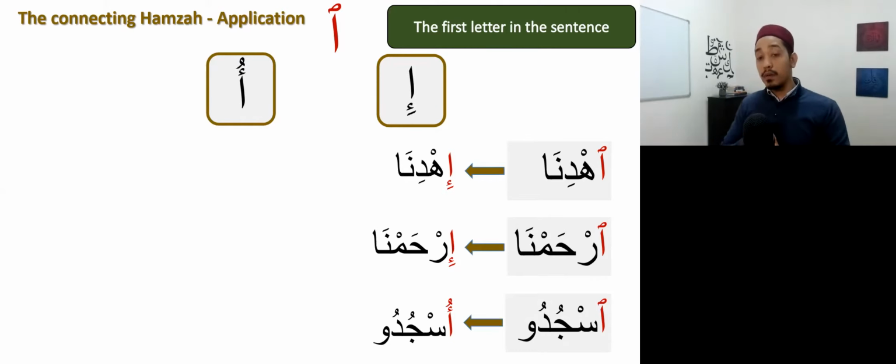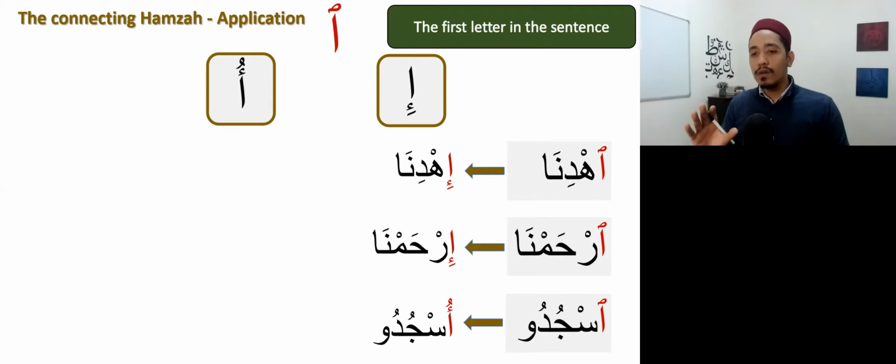Now, if you look at these three words, twice it appeared with a kasra, and once it appeared with a dhamma. This must be random. That was my first thinking before I looked closely into this. And many, even some advanced Arabic students, still struggle with this.